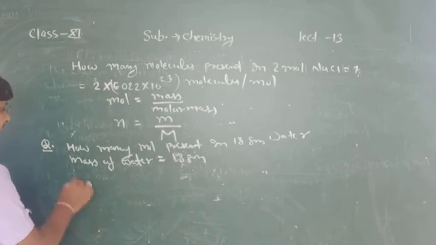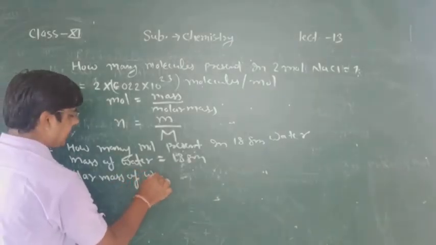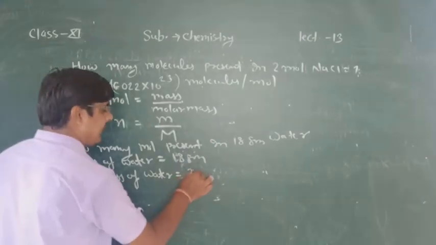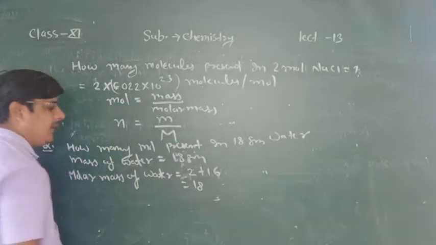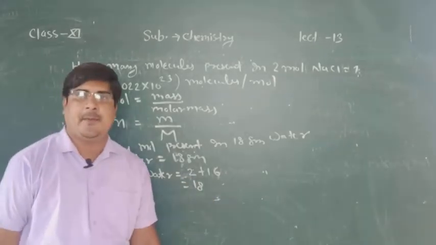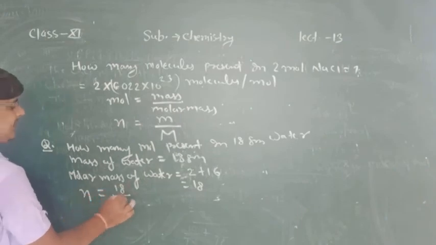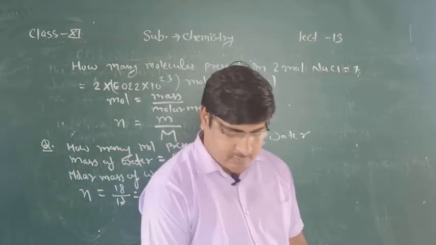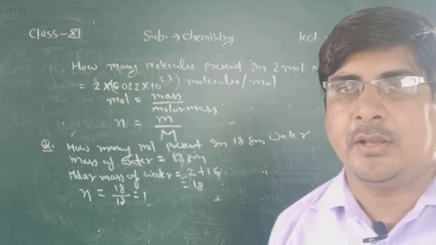Okay. Molar mass of water, H2O, will be 2 of hydrogen and 16 of oxygen, so molar mass will be 18. Okay. So the moles of water, n, will be 18 upon 18, so your answer will be 1. Okay. So mole is equal to mass upon molar mass.